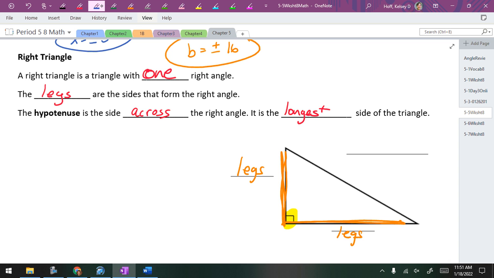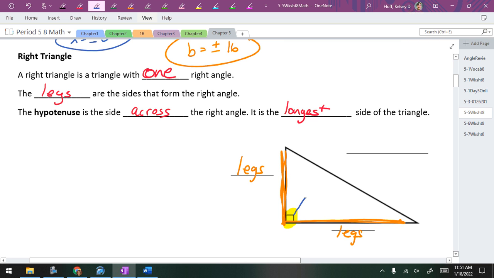The side across from the 90 degrees, Miss Hoff is going to make you do this a lot today. You put your pencil on the square 90, you go straight across. This side is called the hypotenuse.